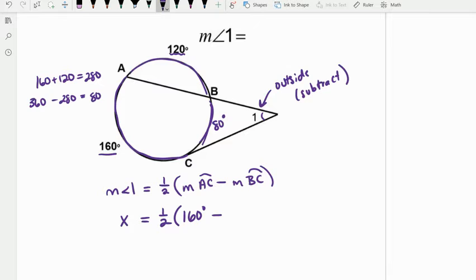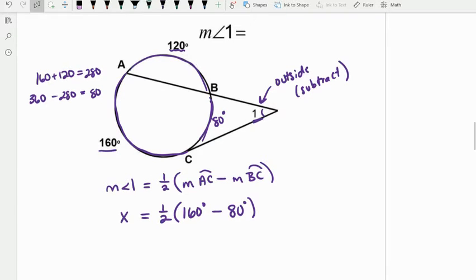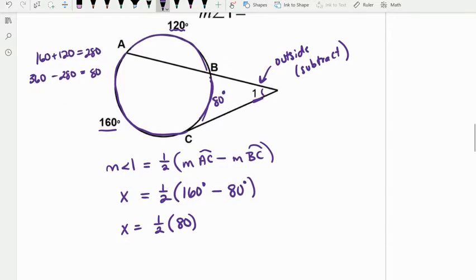So I'm going to plug in 80 for arc BC. Right? So if I want the measure of angle 1, I do the big arc minus the small arc, take half of that. So we get 1/2 times 160 minus 80, which is 80. So X would equal 40.